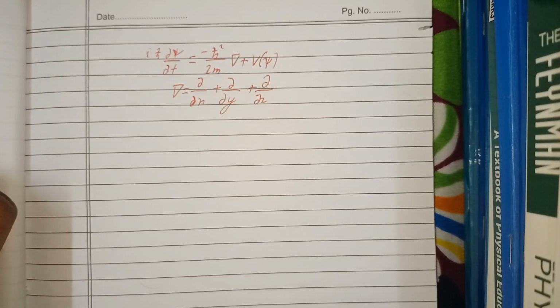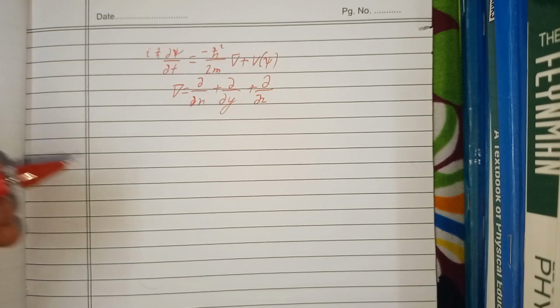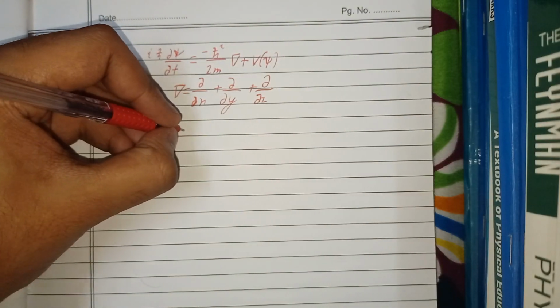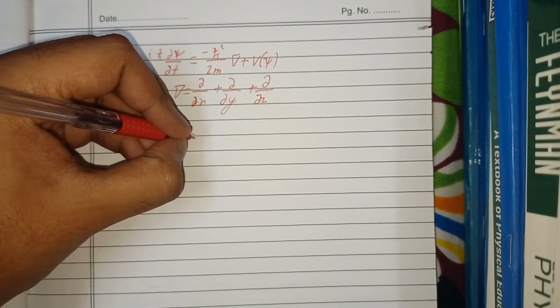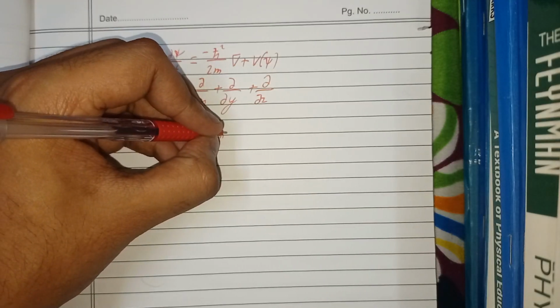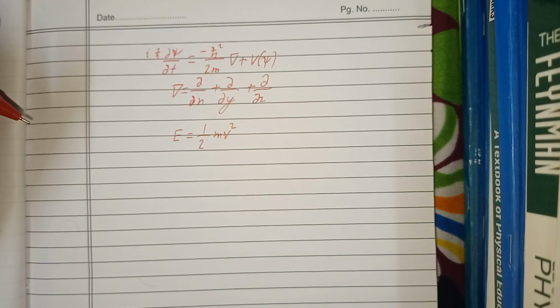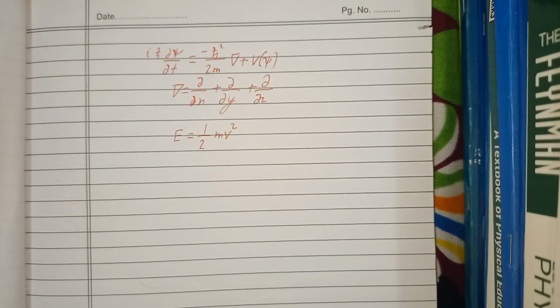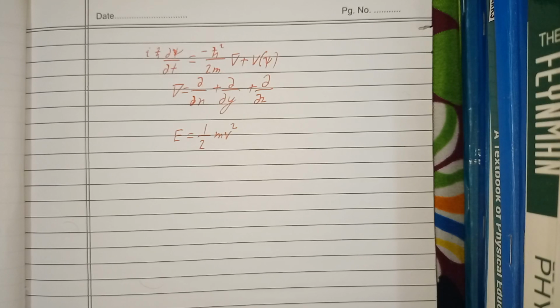So we start now with what is known as the Schrodinger equation. First, in classical mechanics, energy is equal to half mass times velocity squared. This is the simplest equation of kinetic energy, and it is also the foundation of the Schrodinger equation.